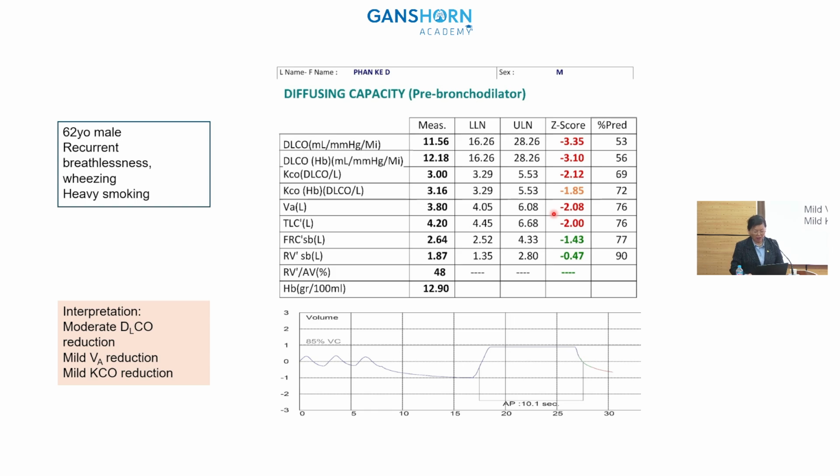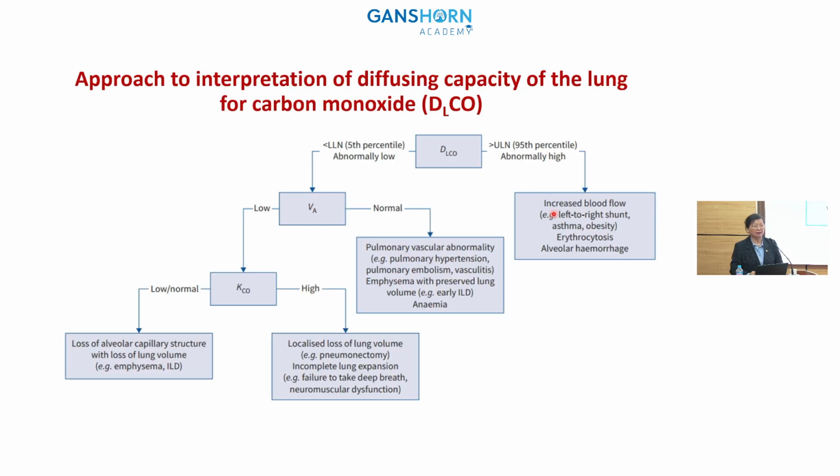So we take a look at the table, and you see that we have an abnormally low DLCO, also low VA, and also low KCO. So we have the result that this patient has loss of alveolar capillary structure with loss of lung volume.